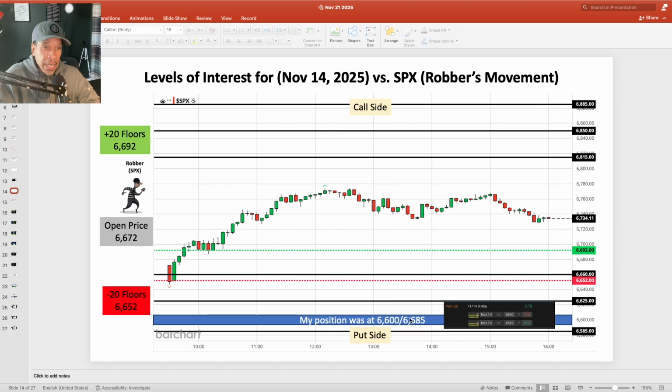I got in immediately because I figured, okay, since on Thursday the market dropped significantly, that Friday we were probably going to get a bounce on this day, November the 14th. So as you can see here, here is the vertical spread that I put on. So I went to 6,600, 65.85.